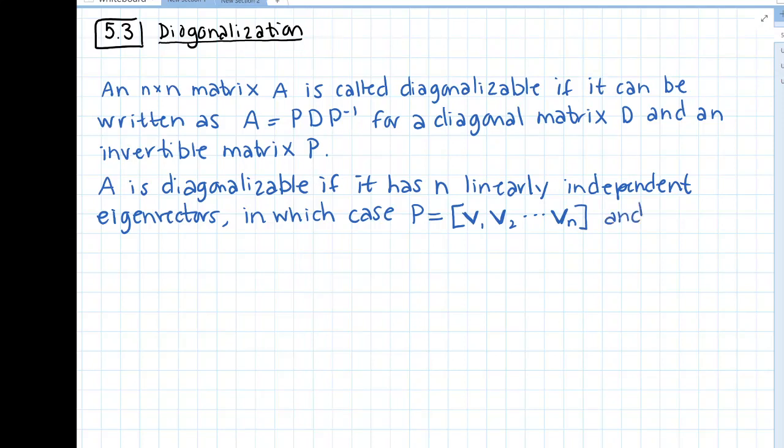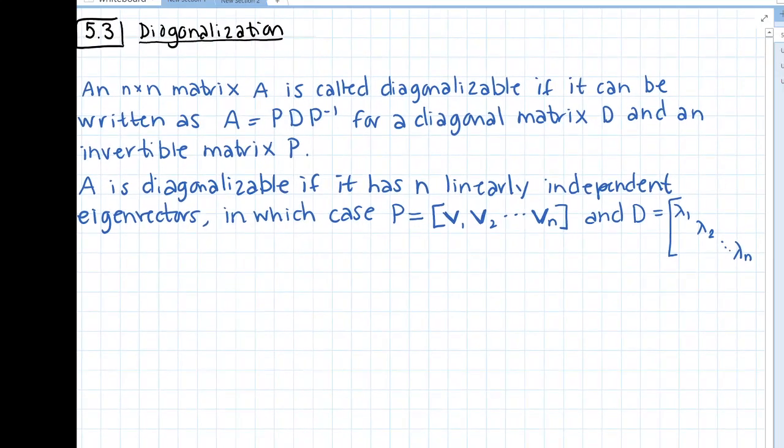And then your diagonal matrix is going to be a matrix where the diagonal entries are the eigenvalues that correspond to those same eigenvectors, put in the appropriate order. I'm just writing zeros there as shorthand to say that there are zeros everywhere else. Every other entry is a zero.